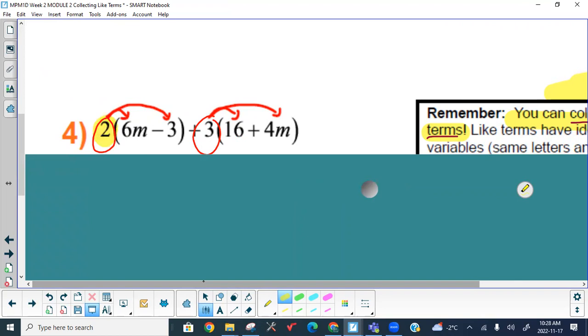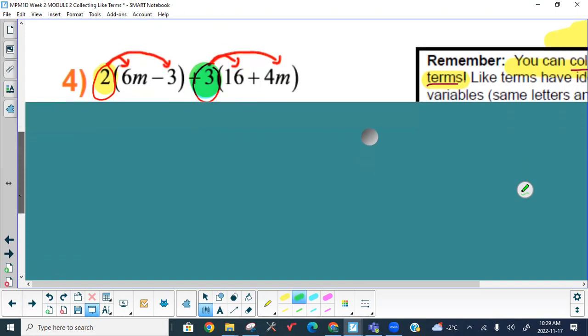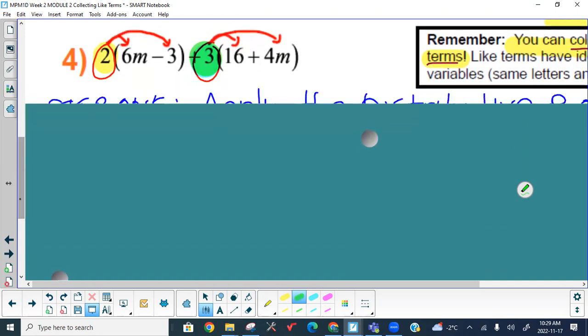First with the +2, and second with the +3. So unlike before, you have to apply distributive property to both the binomials. We're going to do it twice. Let's see what that looks like.